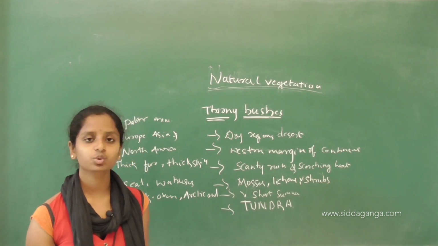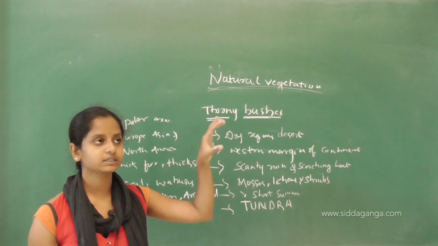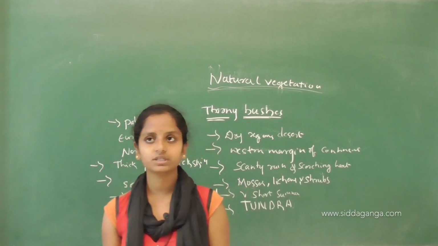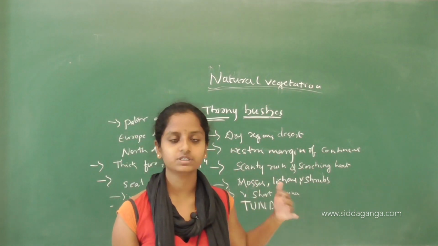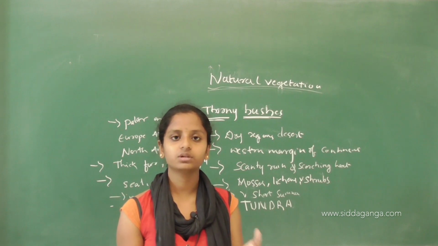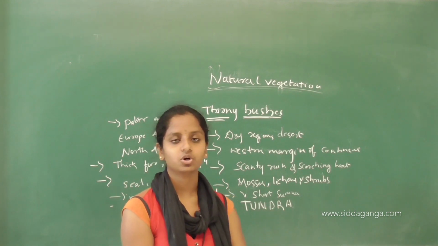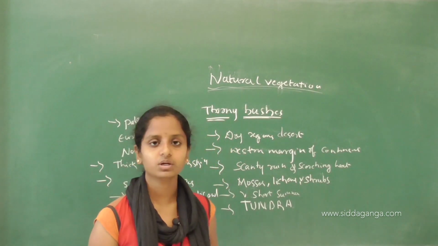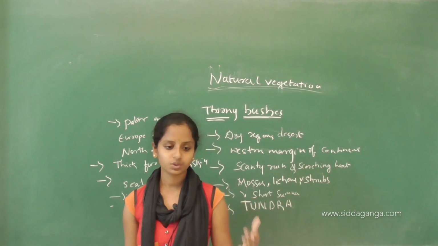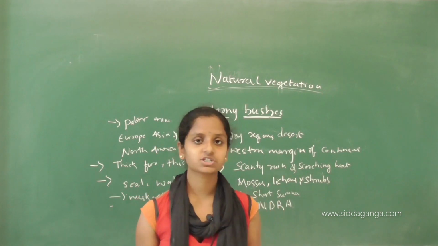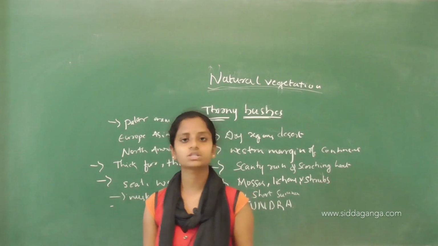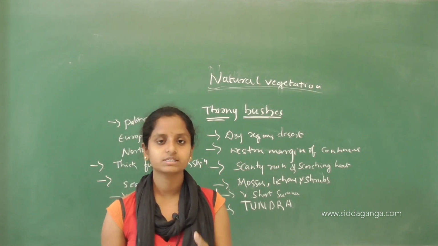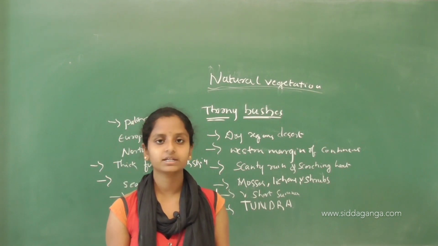In this chapter, you have to take down all the important points under the headings, and you have to revise more and more so that you will get to know the important features of these topics. Also when you go home, try to see pictures of how the tropical deciduous forest looks, how the coniferous forest looks, how the bushes look, so that you will get a good idea.